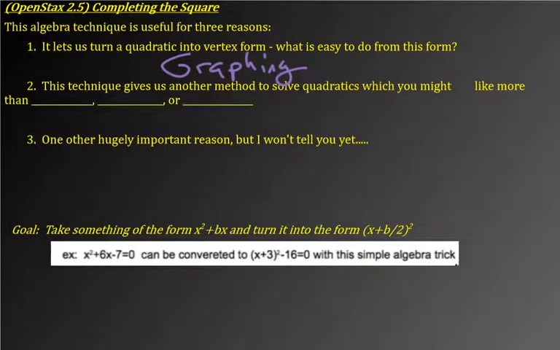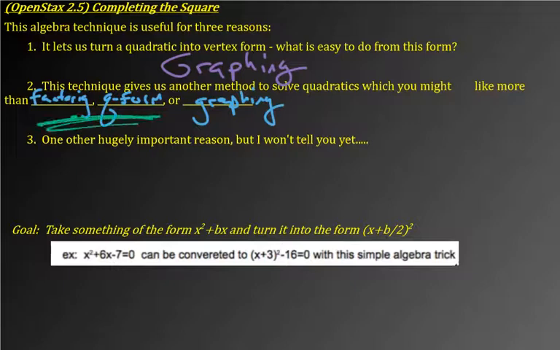Technically, the technique does also give us a method to solve quadratics, and you might like it for whatever reason more than factoring or the quadratic formula or graphing, but graphing is always the worst way to solve a quadratic. I personally really recommend you still just stick with factoring first and then try the quadratic formula.